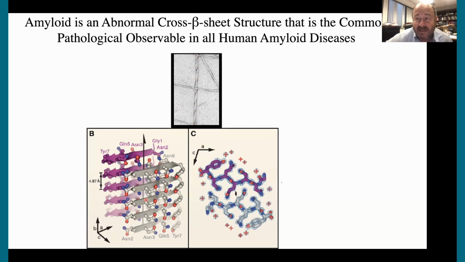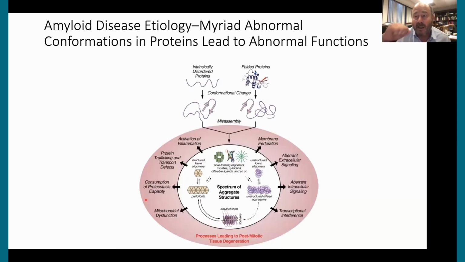Now, remember I said in the first slide that these are diseases whereby aggregates destroy tissues that don't easily regenerate. So in almost all cases, what happens is that you either start from a folded protein, wherein you undergo a conformational change, or you start from an intrinsically disordered protein.